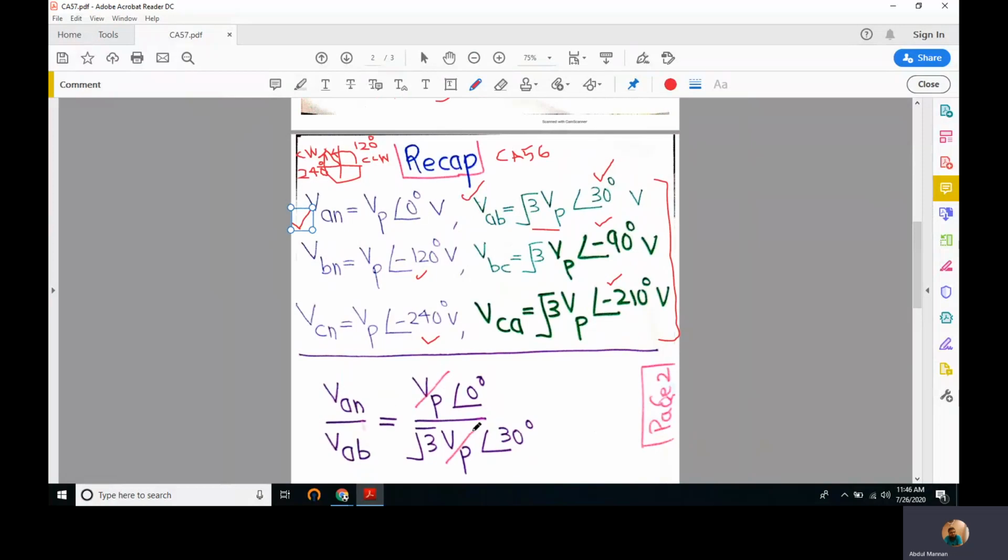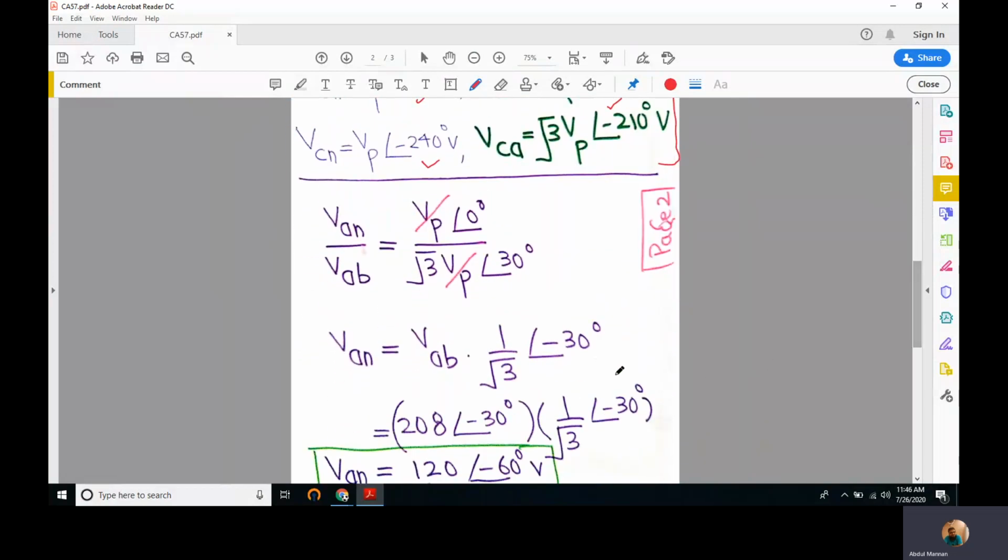If we divide the two, this VP cancels with this VP, and now we have a complex number, 1 over square root of 3 at an angle of minus 30, multiplied by VAB, because we have taken VAB on the other side of the equation.